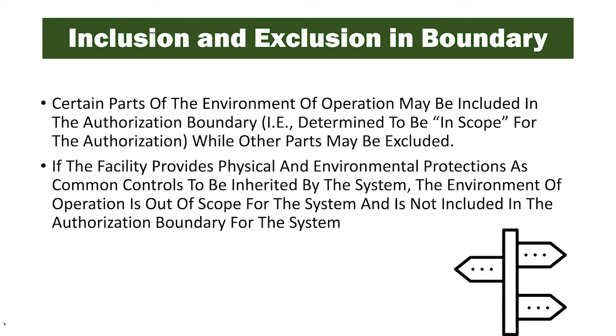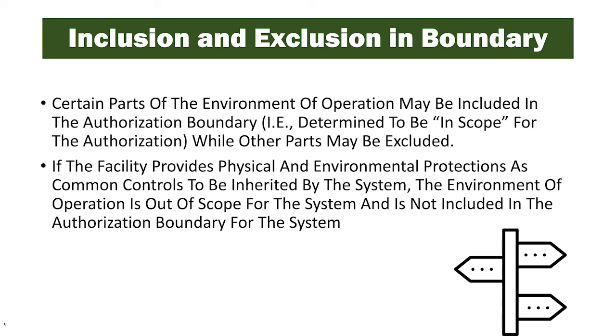Certain parts of the environment of operation may be included in the authorization boundary, which is determined to be in scope for the authorization, while other parts may be excluded. If the facility provides physical and environmental protection as common controls to be inherited by the system, the environment of operation is out of scope for the system. It is not included in the authorization boundary of the system.